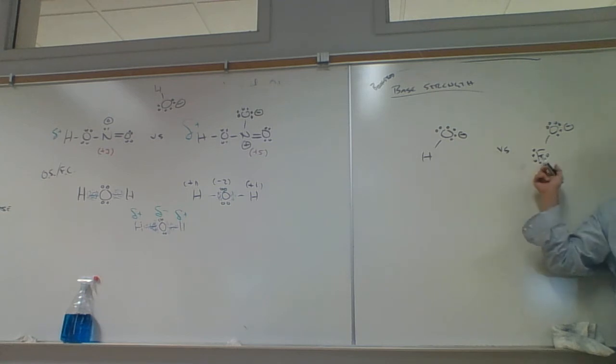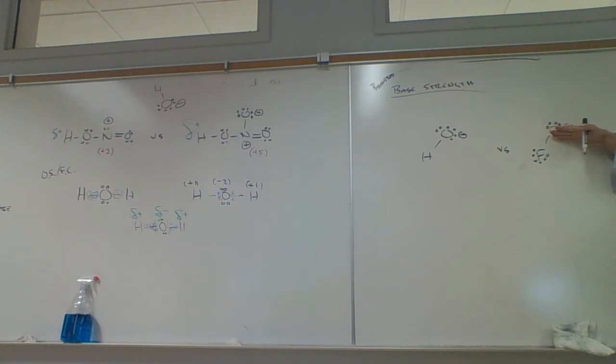Fluorine's much more electronegative, so fluorine's going to pull more of the electron cloud towards itself. As it pulls in more of the electron cloud density, it distributes this negative charge over a wider volume.